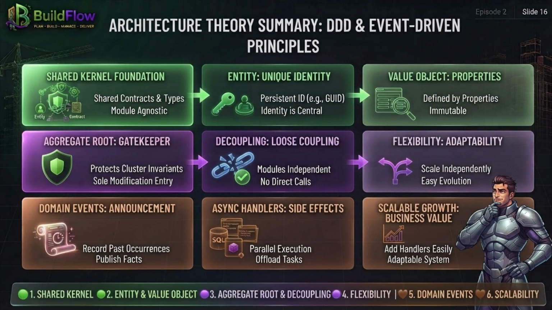Now the picture has become perfectly clear, and we have laid a solid theoretical foundation for the shared kernel. We understand the difference between an entity and a value object. We learned how the aggregate root protects system rules and how domain events decouple the code and make it flexible.